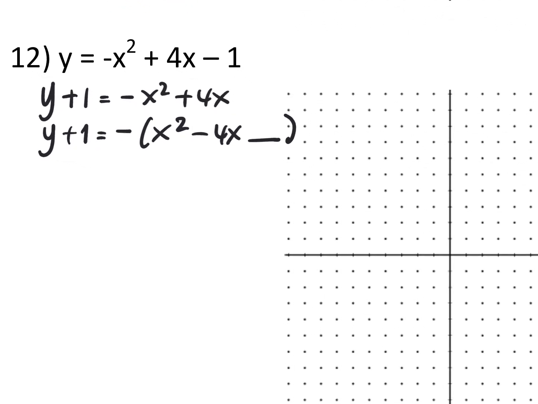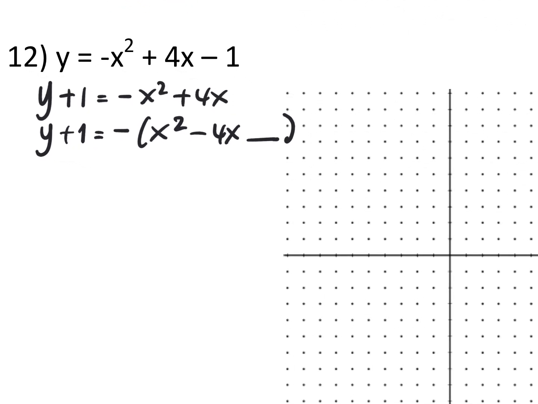So now my value of b here is -4. -4 divided by 2, and then square that. -2 squared is going to give you 4. Now you have 4, but you have to multiply it with the negative outside. So 4 times -1 is going to give you -4, and on the other side is also -4.